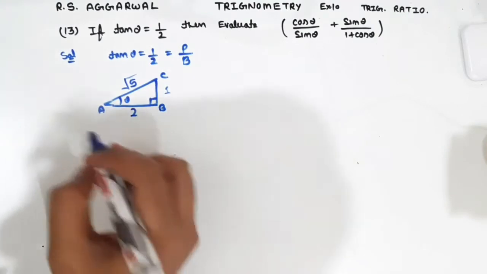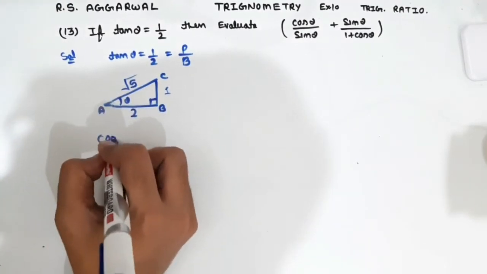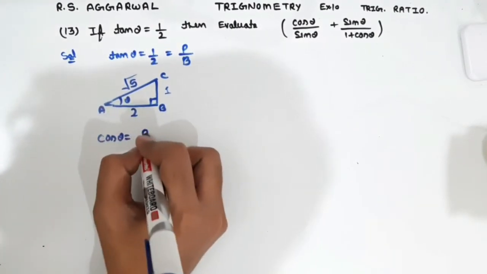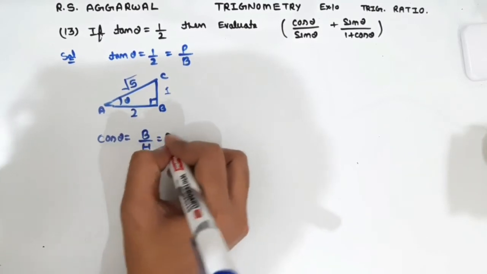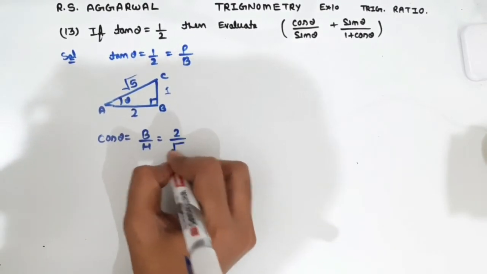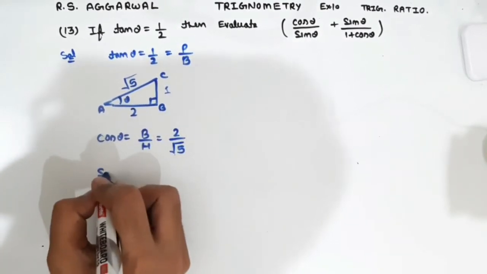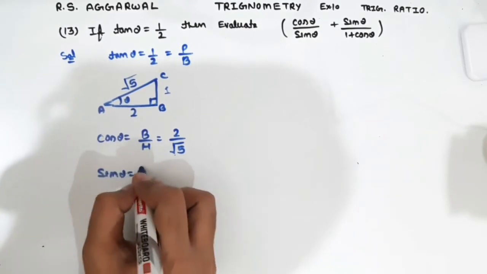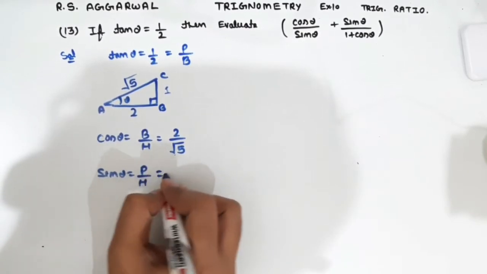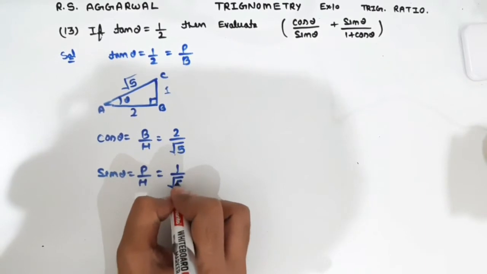So now from here cos theta is given by base upon hypotenuse. So our base is 2 and hypotenuse is root 5. And sin theta is given by perpendicular upon hypotenuse, that is 1 upon root 5.